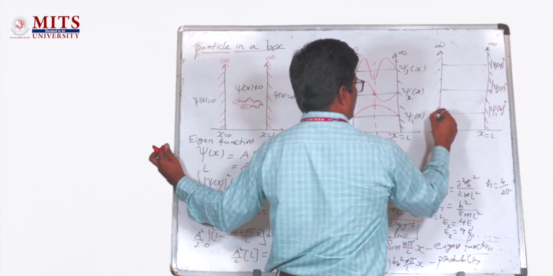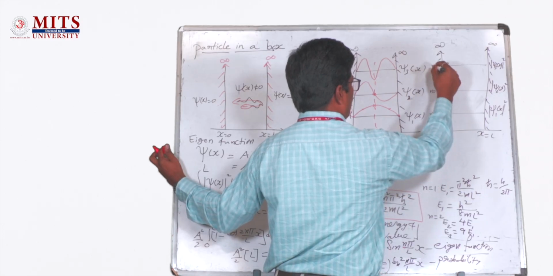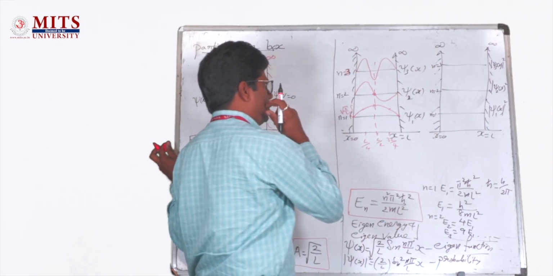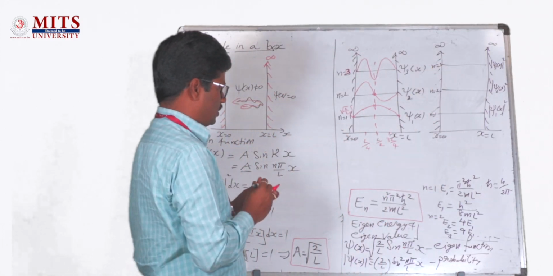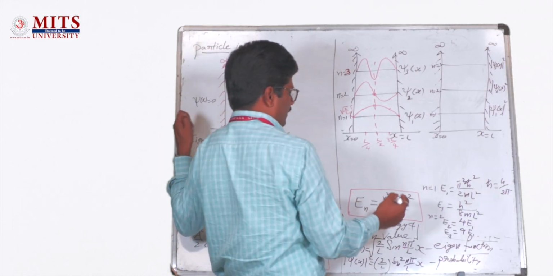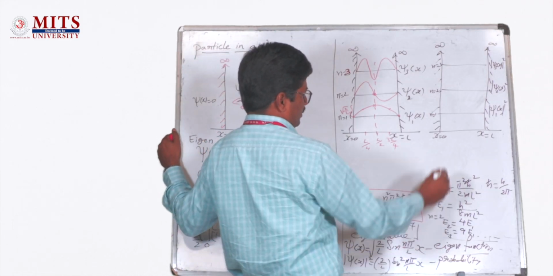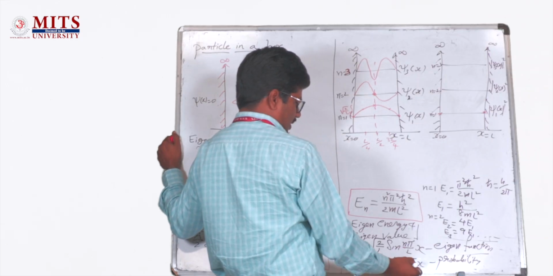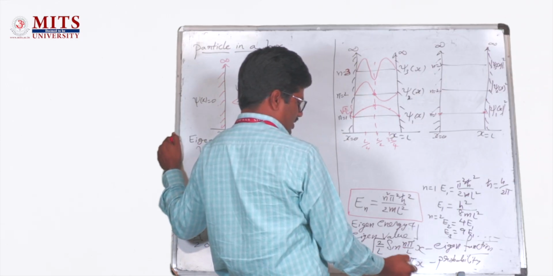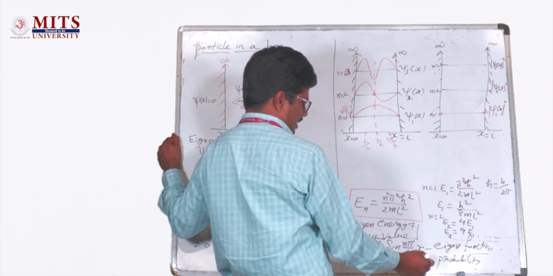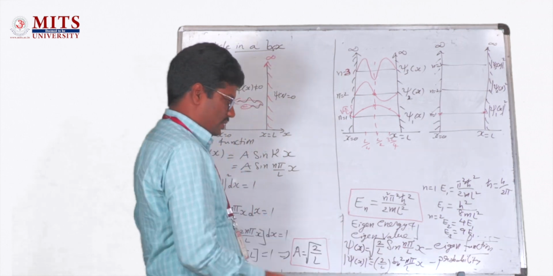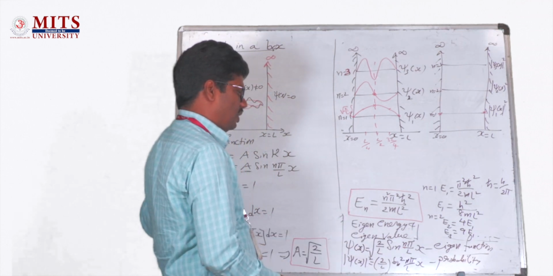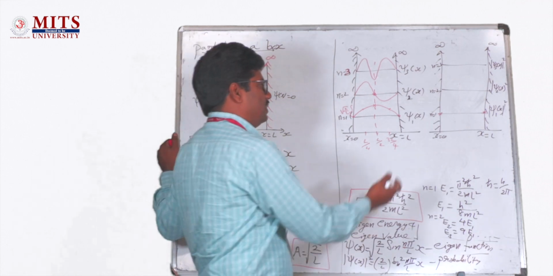So this is for n equal to 1, n equal to 2, n equal to 3, for energy E1, E2, E3. If you see this, you can take this equation and you will get here 0, because here x equal to 0, sine 0. For x equal to L, L cancels, you will get sine n equal to 1, so sine 180, so it is 0.